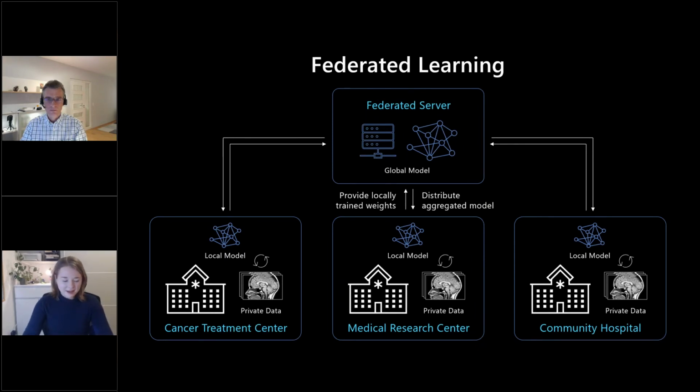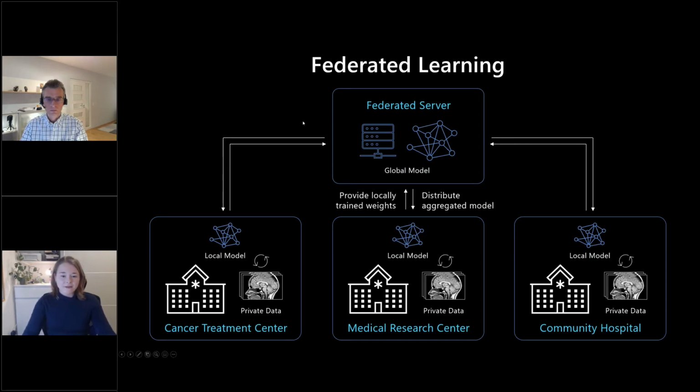scenarios. Federated learning is basically the training of a machine learning algorithm in a distributed way. As you can see in this overview, specifically in a medical context, it could mean that multiple hospitals or research centers have their own data set of private data that they don't want to share with a central party.